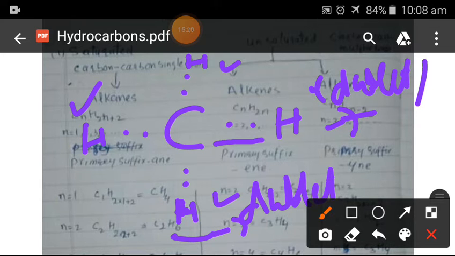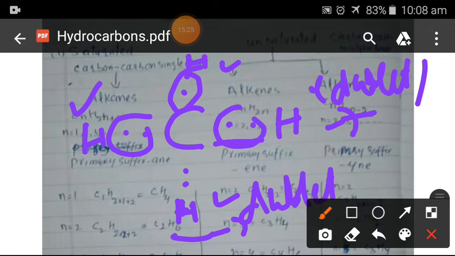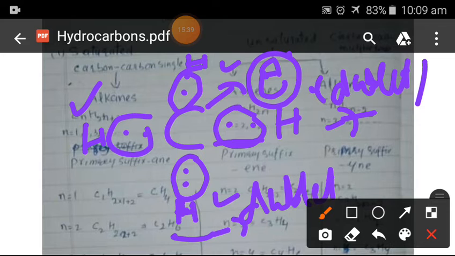For carbon, you see here that the number of electrons will be 8. 2 plus 4 is 6, 6 plus 2 is 8. It means that carbon will now have an octet of 8 electrons. So in methane the carbon gets its complete octet, so it becomes stable here.